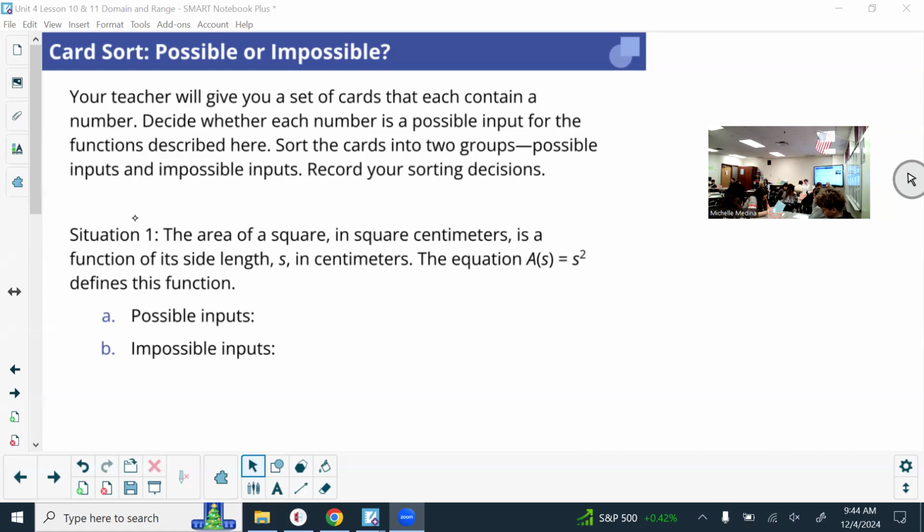But here's the first situation. The area of a square in square centimeters is a function of its side length s in centimeters. The equation A of s equals s squared defines this function. You and your groups will figure out what's the input and then figure out what numbers the input could possibly be and not possibly be.